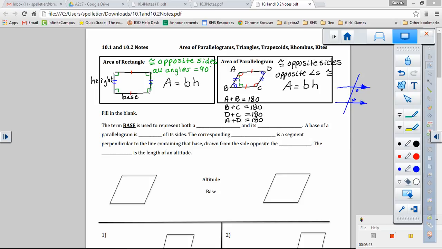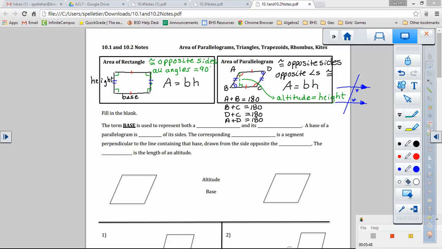But in the parallelogram, the shortest distance from the top to the bottom is that dotted segment I just drew in. It's called an altitude. So this green segment is called the altitude, and that means it is the height of the figure.